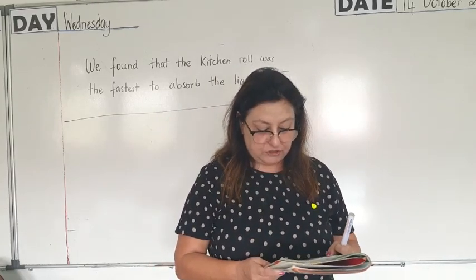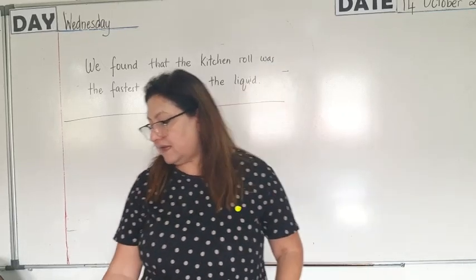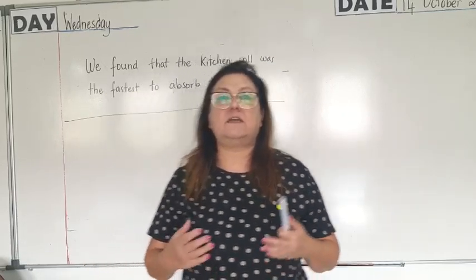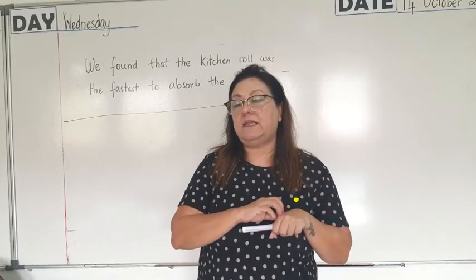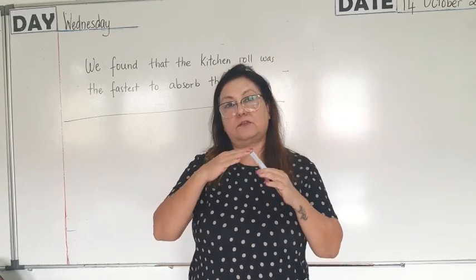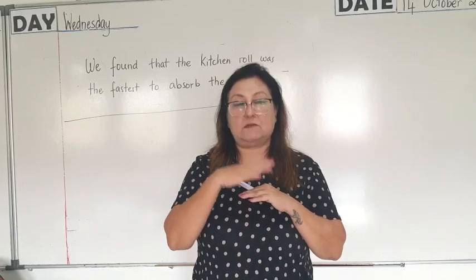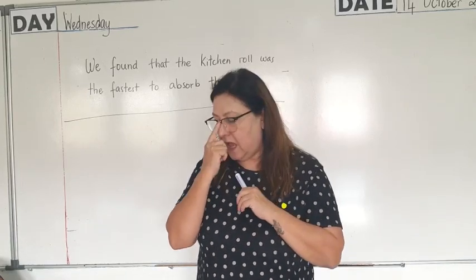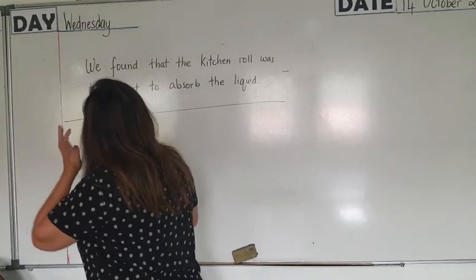Now, how can the kitchen roll be tested more fairly? There are two ways, because the kitchen roll is thick. Normally the kitchen roll has different layers, which are called plies. The word is ply. So we can reduce the ply, or reduce the thickness.